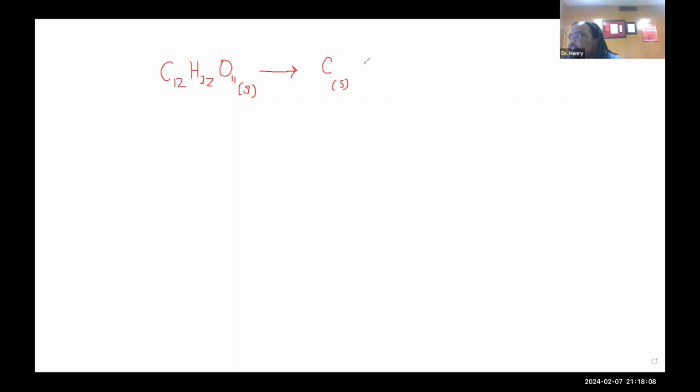And then in this case, it's steam that's going to be coming off. So we're going to put H2O, and we're going to put a gas there. So we're going to be balancing chemical equations. I'm going to show you that real quick.